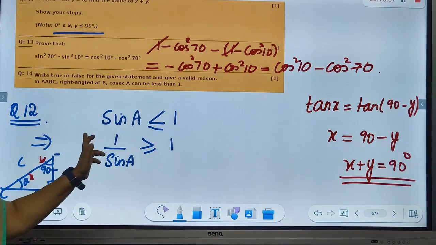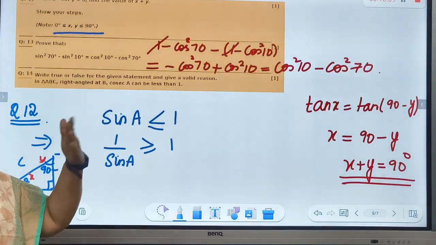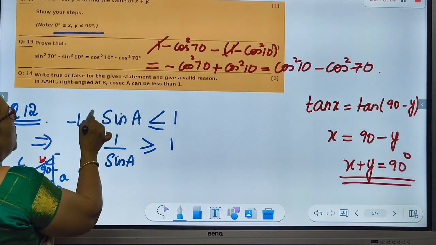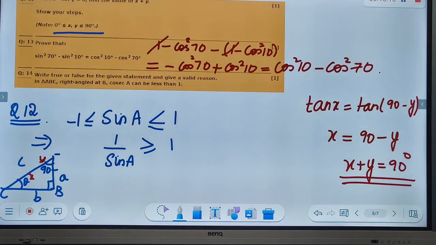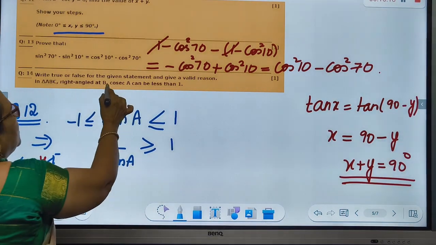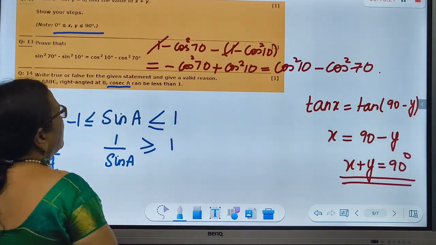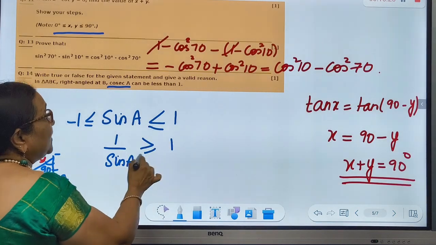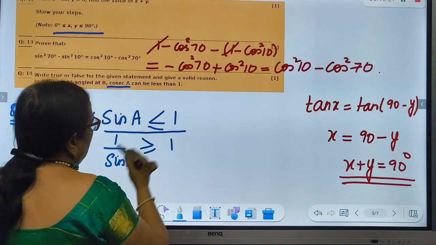Whenever you take a reciprocal in an inequality, the inequality gets reversed. So sin A lies between -1 and 1, but I'm interested in cosecant A. Cosecant A is 1 by sin A. So 1 by sin A is greater than or equal to 1 because I am taking the reciprocals.